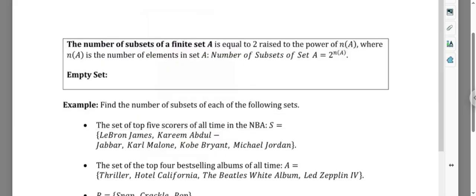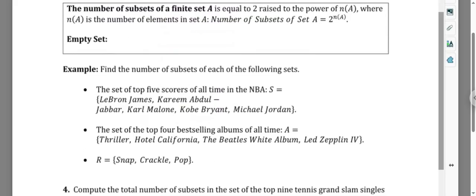So instead of just listing the number of subsets, how many would we actually have? So from last lesson, that right there is the cardinality of your set. In other words, how many elements are in the set?